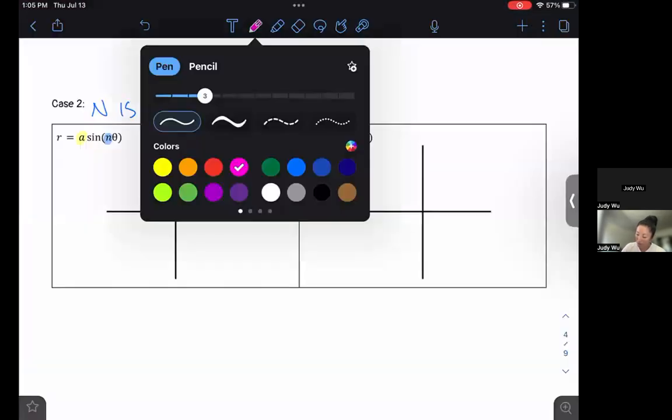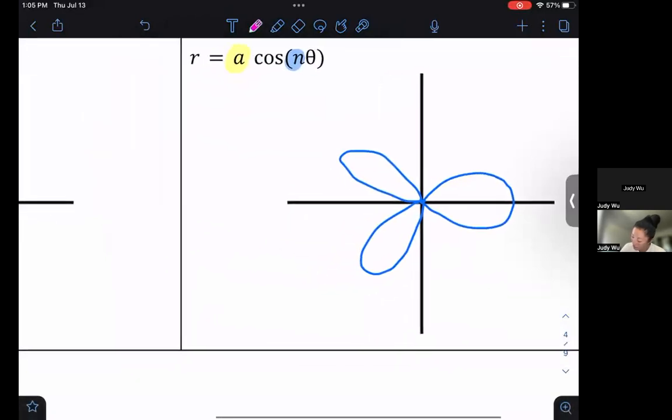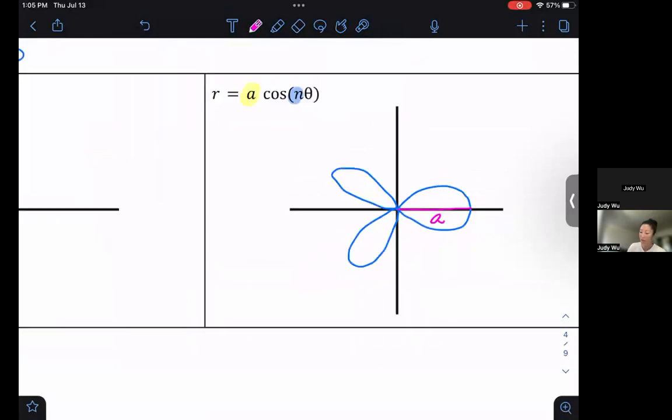All right. So when n is odd and we have cosine, let's say 3, we end up with something like this. Okay. And this distance here is our A, our petal length.